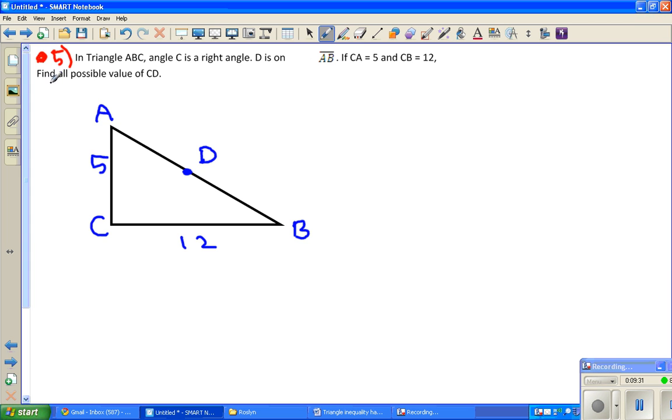Now, the question is find all possible values of CD.